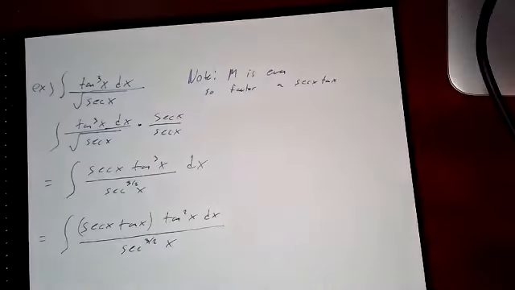So I want everything as tangent. That way u will be tan and du will be secant tan. But we still got to deal with that secant at the bottom. So we're almost there.